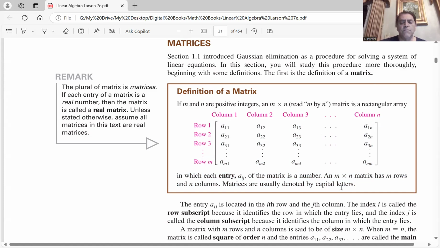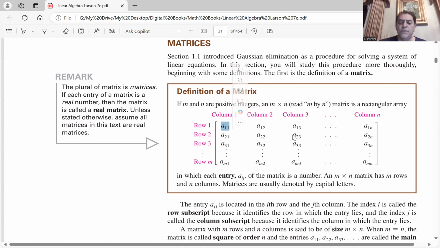It's rows followed by columns. Remember, it's not commutative. If I go n by m, that's a whole different looking matrix, so it's important that we keep the order of these straight. Every element of the matrix here is going to be a real number. A subscript 1, 1 means the element in the first row, first column.